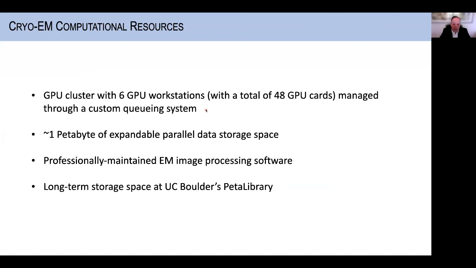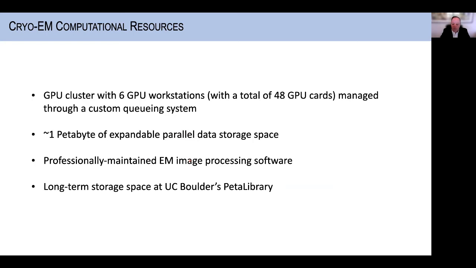CryoEM generates vast amounts of information. Basically, our scopes generate 2 to 4 terabytes of data per day. Therefore, we have about a petabyte of expandable parallel data storage space that we manage as part of the facility. We also offer professionally updated EM image processing software.